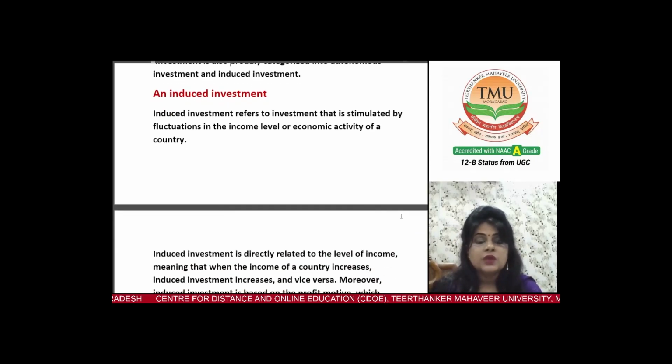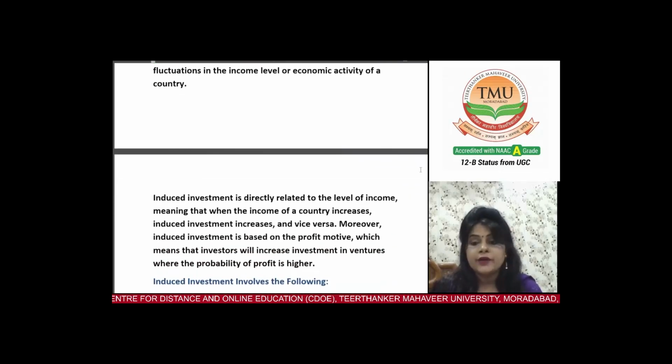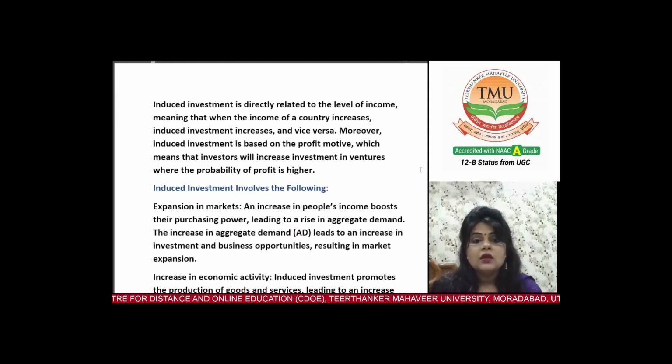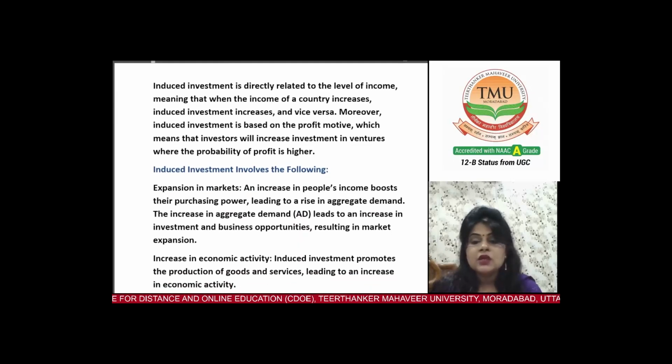Induced investment refers to the investment that is stimulated by fluctuation in the income level or economic activity of a country. Induced investment is directly related to the level of income, meaning that when the income of a country increases, induced investment increases and vice versa.